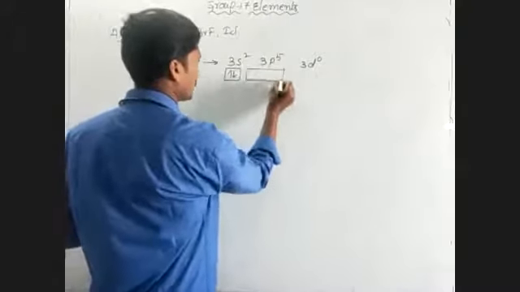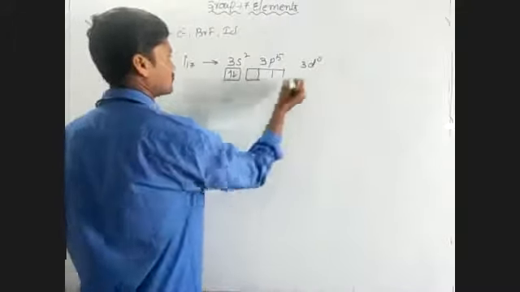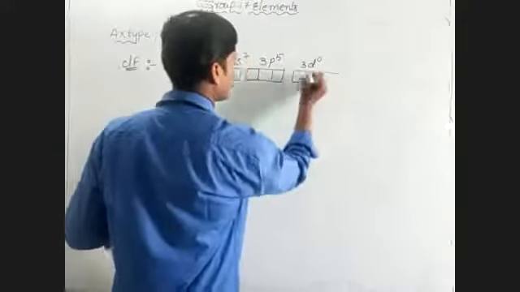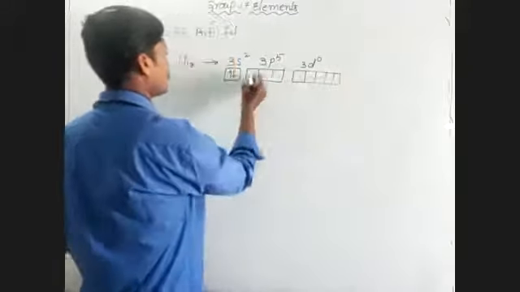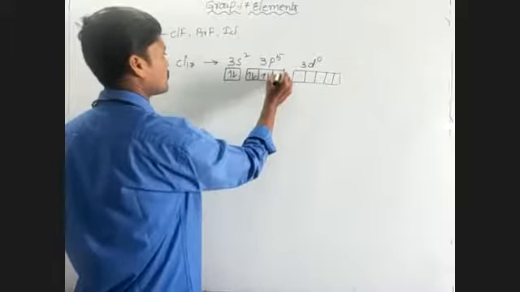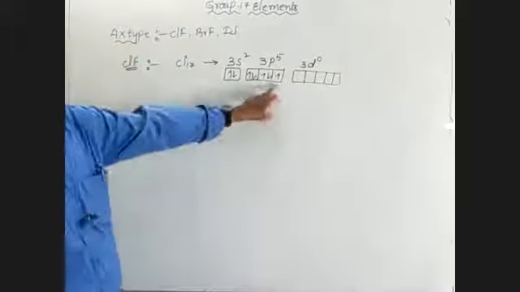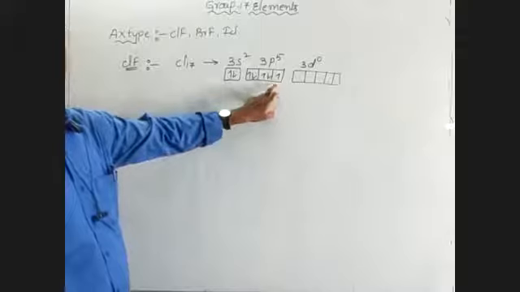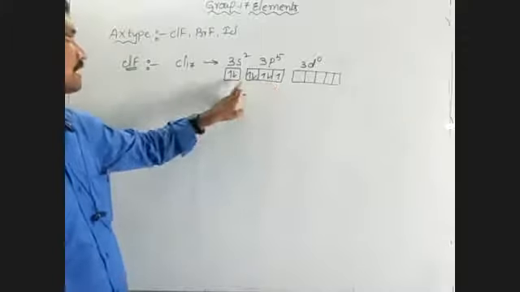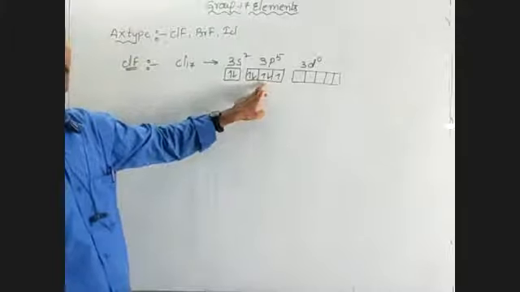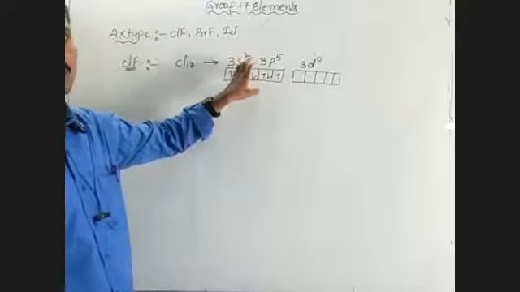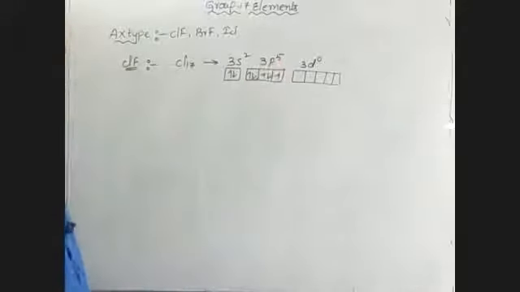In the electronic configuration of chlorine, only one unpaired electron and 3 lone pairs of electrons are present in the valence shell.